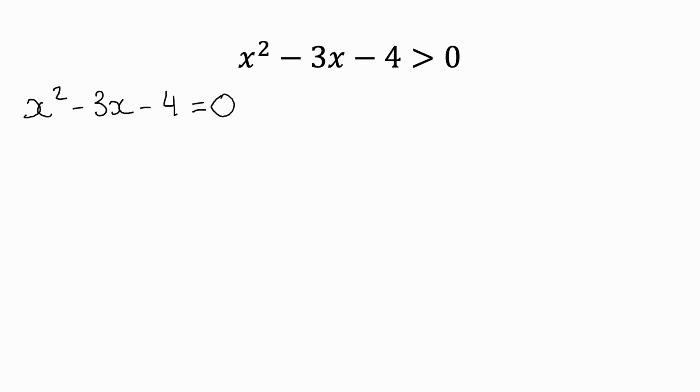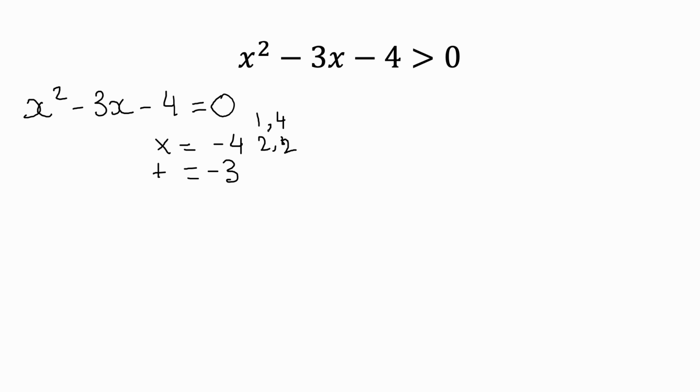In order to factorize a quadratic like this, we need to find two numbers that multiply to make -4 and add to make -3. We look at our factors of 4, which are 1 and 4, and 2 and 2. Because the numbers have to multiply to get -4, one has to be negative and the other positive.